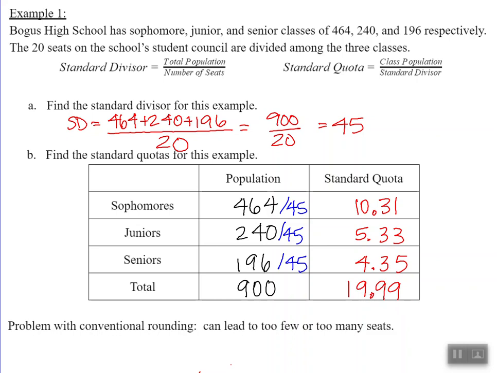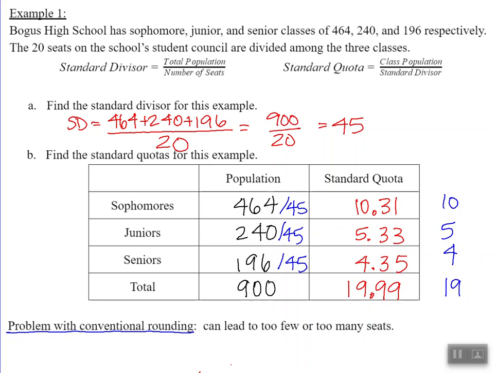Now, if we just rounded these numbers like normal, they would all end up rounding down, and we would only have 19 people on the student council. So the problem with conventional rounding, which is rounding like normal, is that sometimes you can get too few seats and sometimes you can get too many seats.